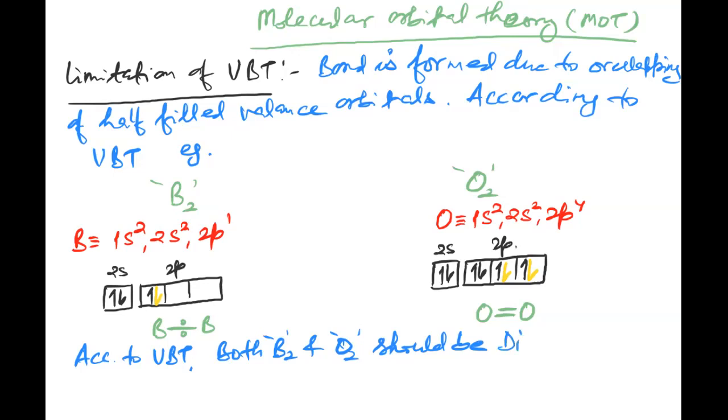All electrons are paired up. If you remember, the term diamagnetic means it is repelled by an external magnetic field and all its electrons are paired up. So according to valence bond theory, both B2 and O2 should be diamagnetic, with no unpaired electron.